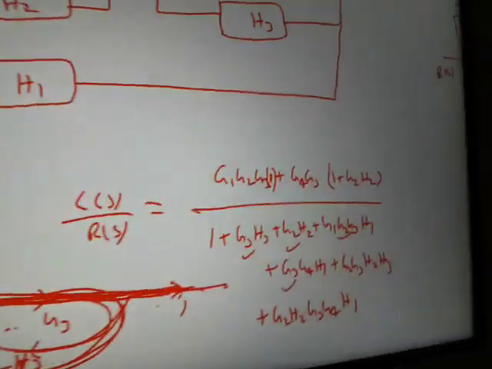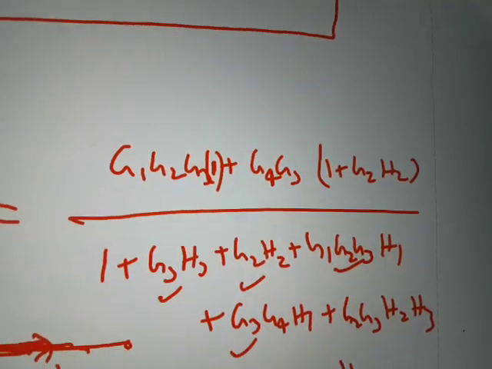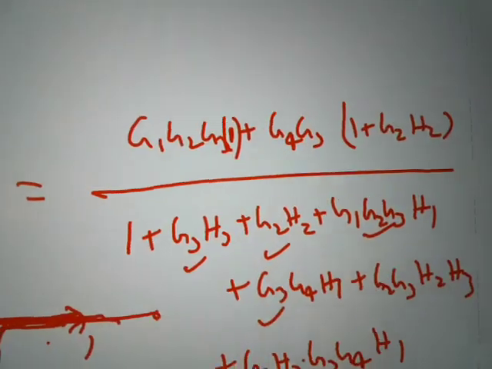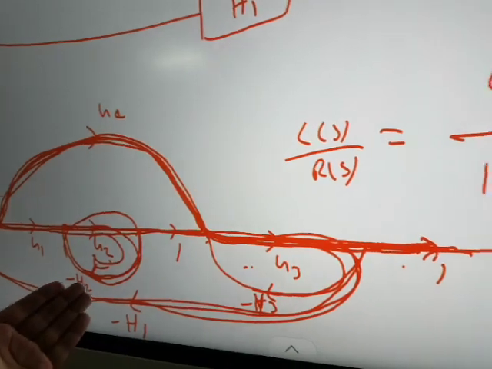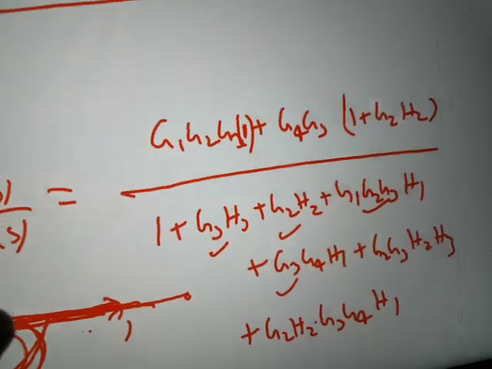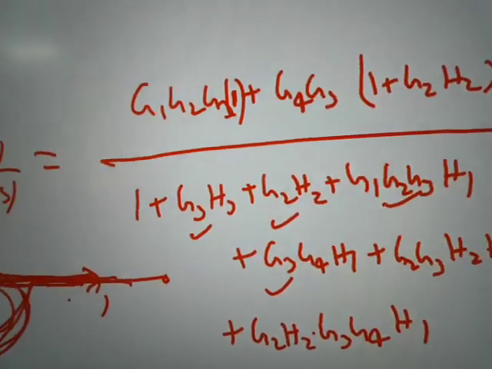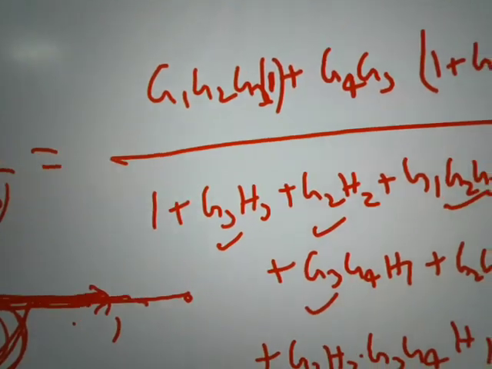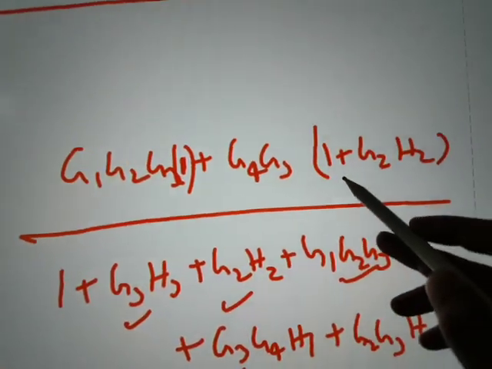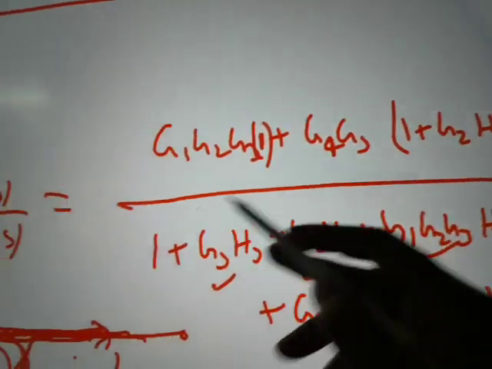G4 G3 into del k, where del k is nothing but delta with this loop removed, so only one loop G2 H2 remains: 1 minus the summation of single loop gain, so 1 minus G2 H2, so this becomes 1 plus G2 H2.